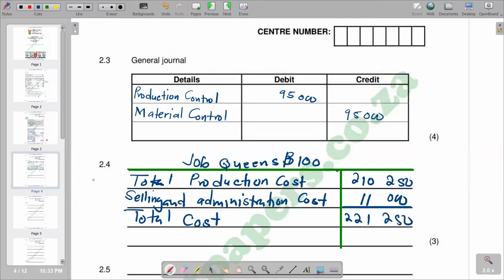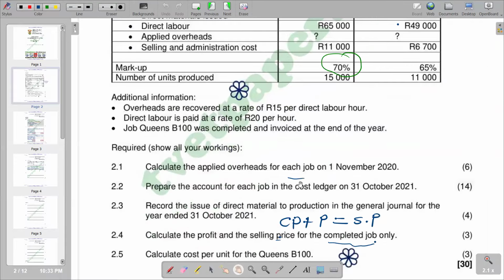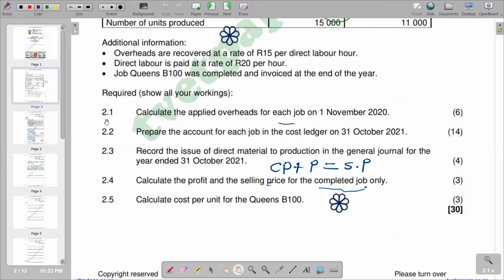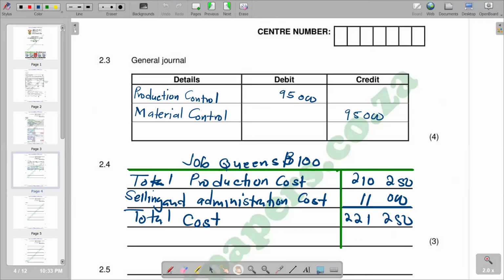And then we can calculate our markup percentage. Remember, we are supposed to add our markup, which is our profits here, to get our sale price. So our markup, we are saying 70%. So here we are going to say profit is 70% times 221,250. And then we're going to get your answer, which is 154,875.